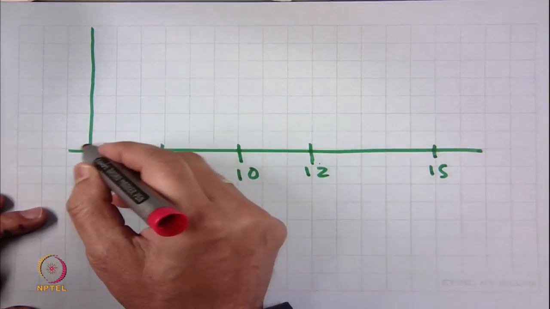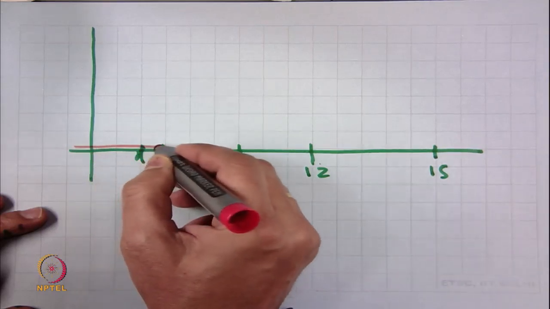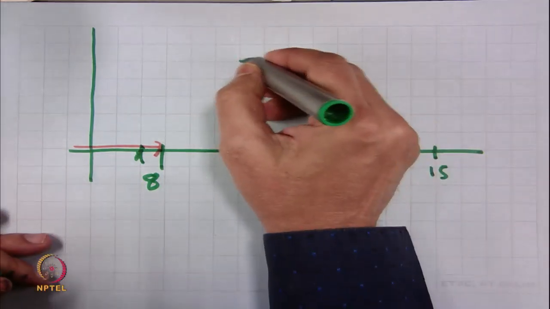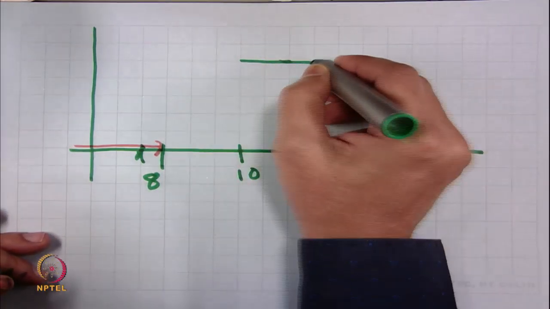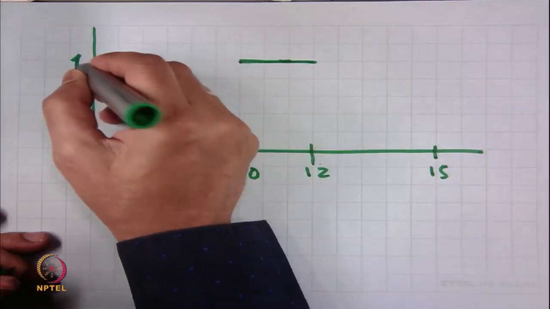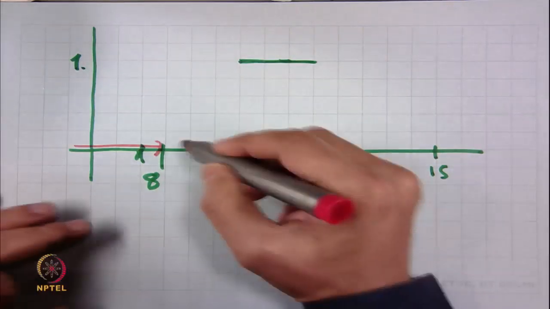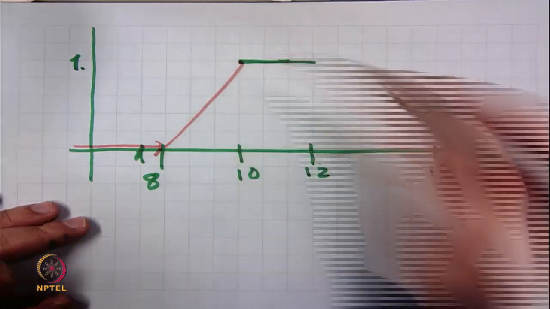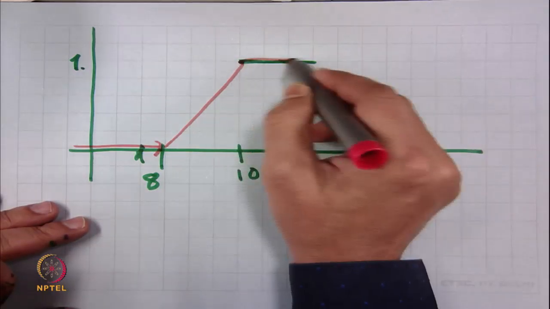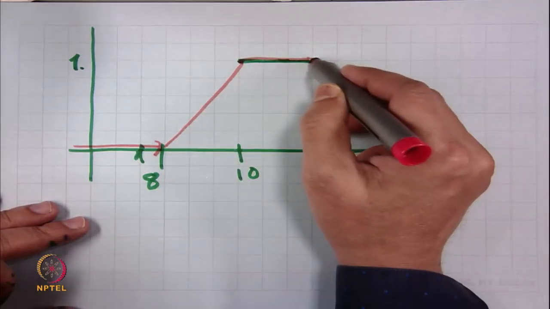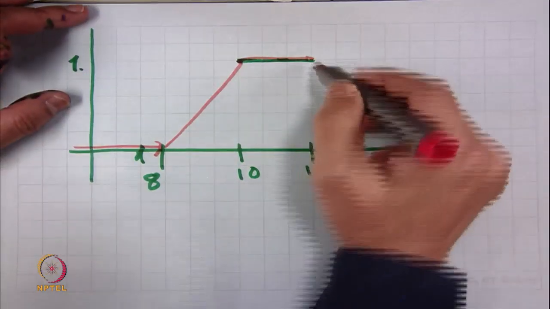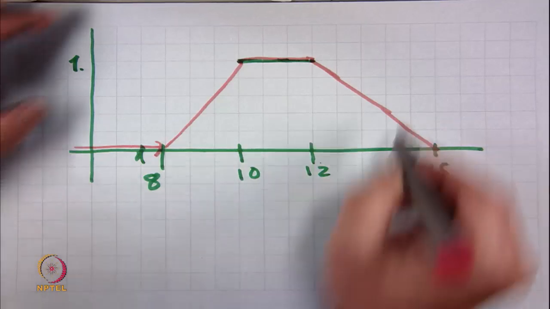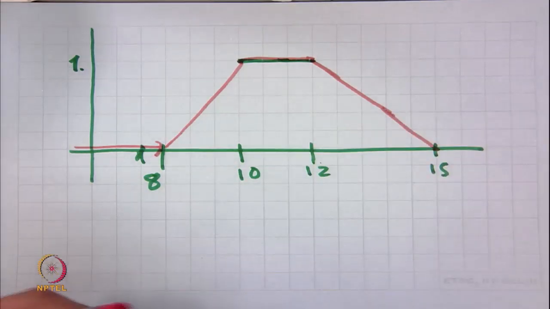What we are saying is that the membership is 0 when it is less than 8, between 8 to 10 it is growing linearly, between 10 to 12 membership value is 1, and between 12 to 15 the membership value decreases linearly.